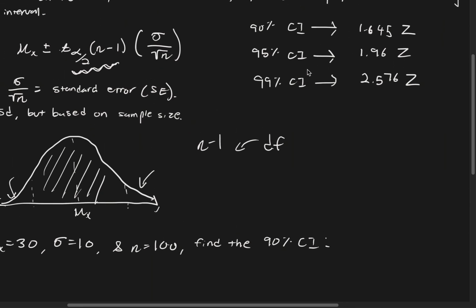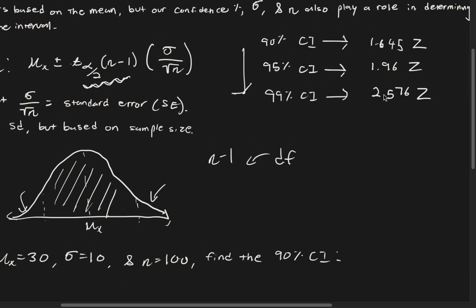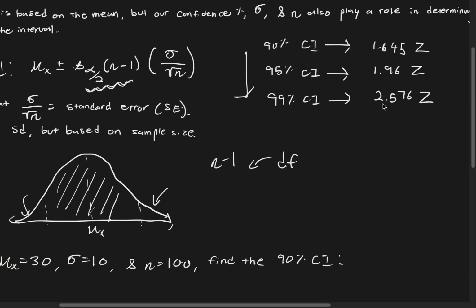And so notice how the more confident we want to be, the bigger the z-score becomes, because generally the bigger the z-score, the bigger our overall confidence range will be. Intuitively that makes sense.